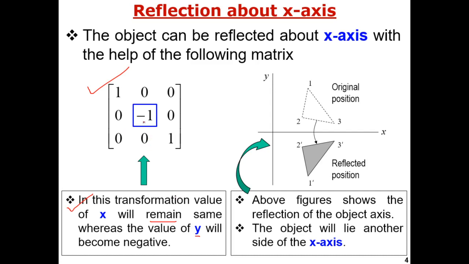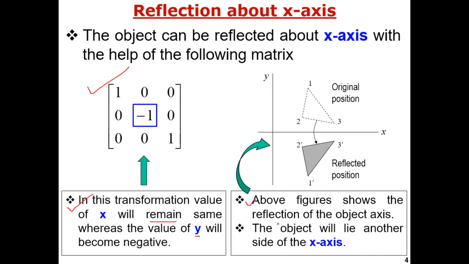You just use -1. -1 converts the value from positive to negative, or whatever the value is, it takes the negative form. So for that you have to make this matrix, with -1 here. When this matrix is applied to the vertices, automatically the y value becomes negative. So reflection about the x-axis happens here.